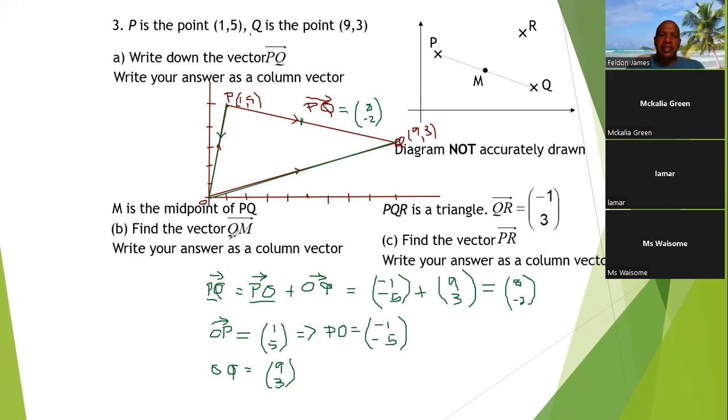So you would have half of 8, -2, which would be equal to 4, -1.